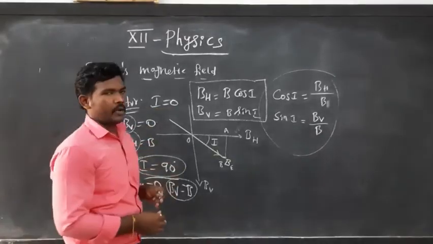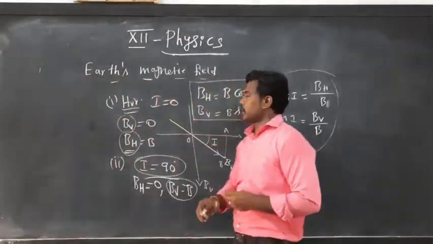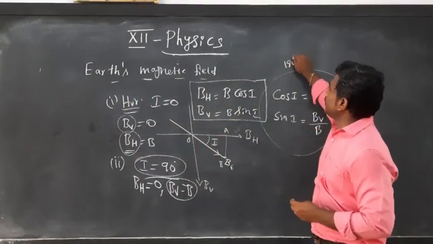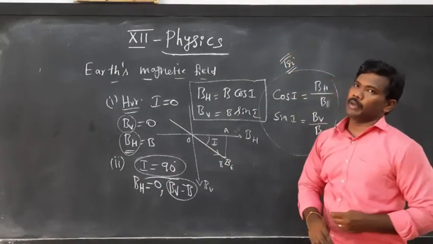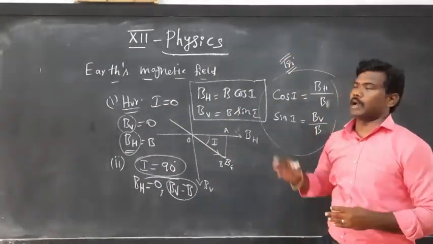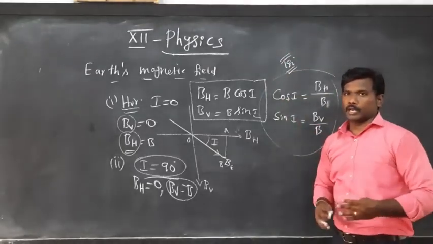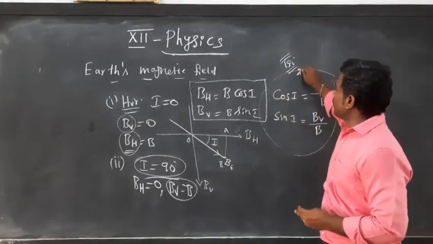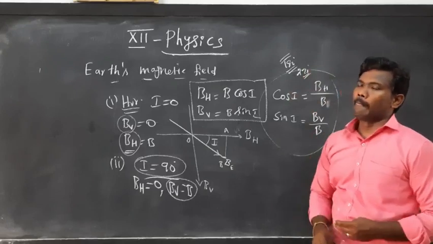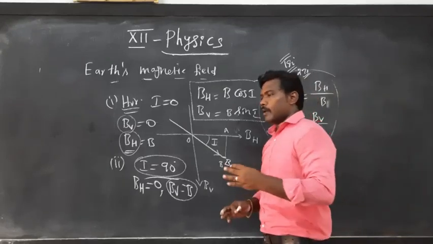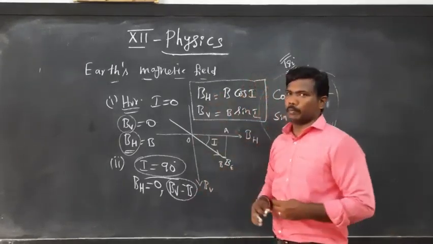If they ask in your exam, they may use a value like 180 degree. What changes are produced in BH and BV? They may give the value 270 degree also, or any value between 0 and 360 degree for a numerical comparison of BH and BV.